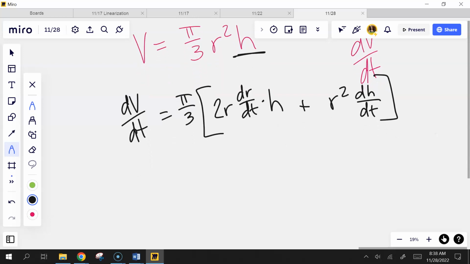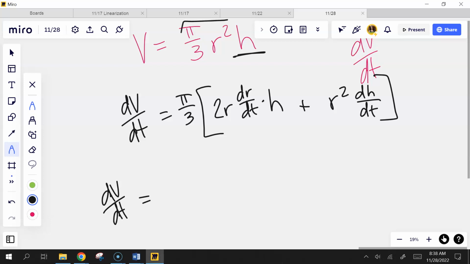That's all I ask you to do. You don't have to do anything else with it. I just asked you to find dV/dt. It should just be, if you distribute it through, but let's see.